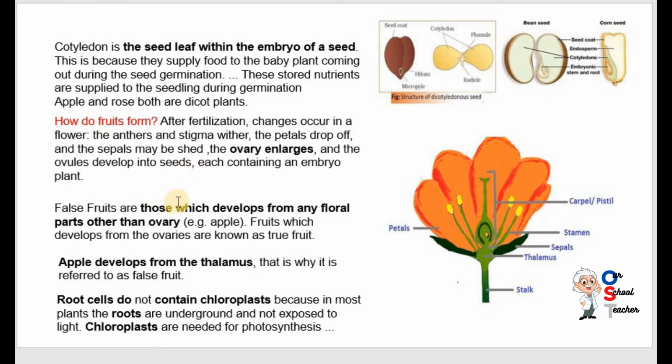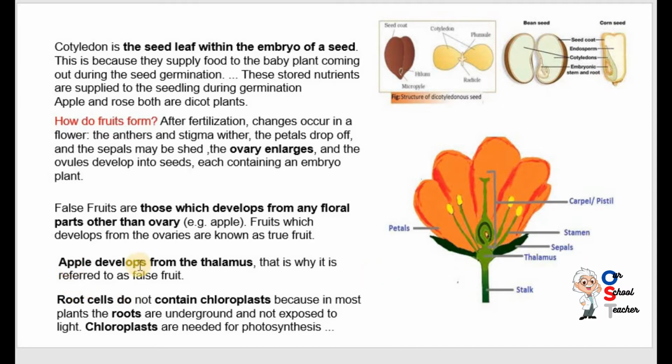False fruits are those which develop from any floral part other than the ovary. For example, apple. Actually, it is not forming from the ovary, it is forming from the thalamus. Fruits which develop from the ovaries are known as true fruits. So those fruits are produced from these ovaries, so they are true fruits.